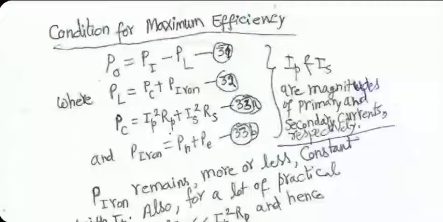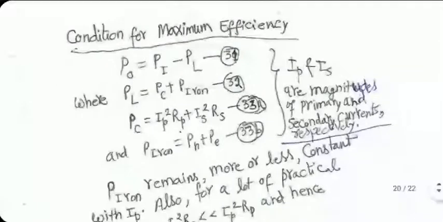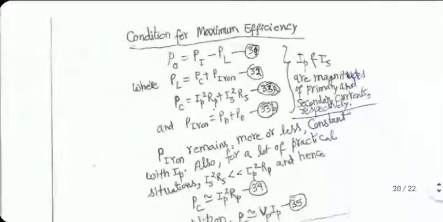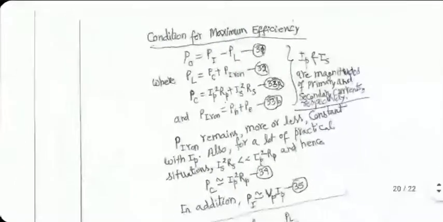Normally, iron loss does not change much when IP and IS change. It is more or less constant. As transformer draws more and more currents, it is the copper loss that keeps going up. Also, in a lot of cases, the secondary current is not that large compared to primary.